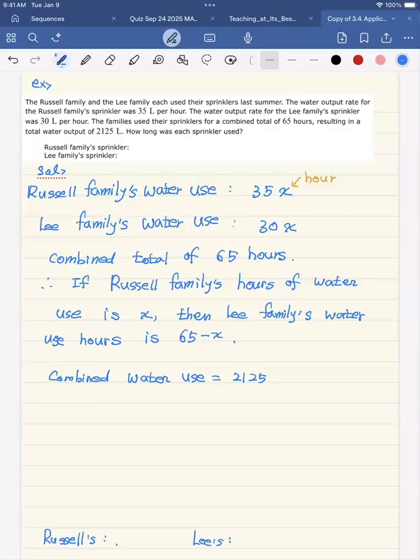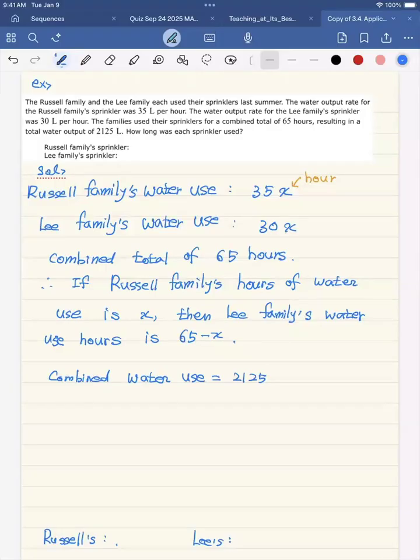In the following problem, there are 2 families, Russell's family and Lee's family. The Russell family's water output rate for the sprinkler was 35 liters per hour.